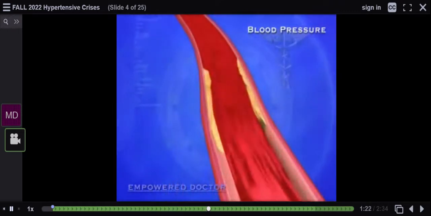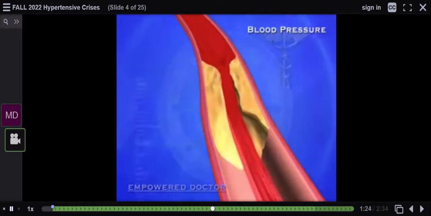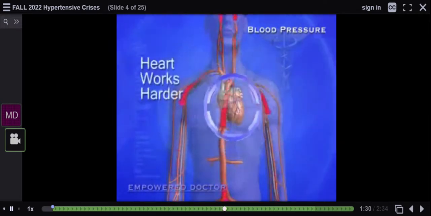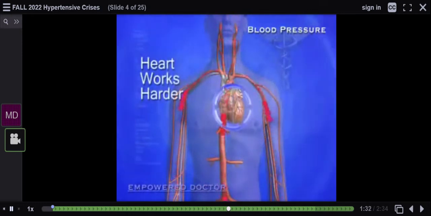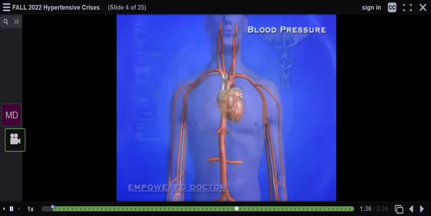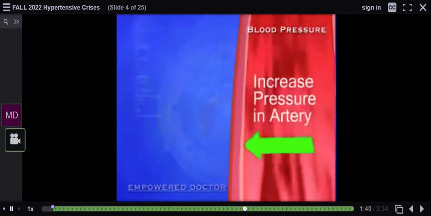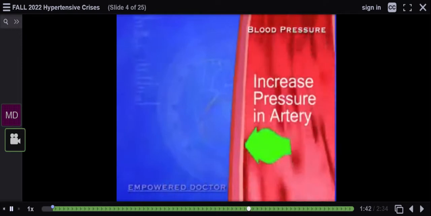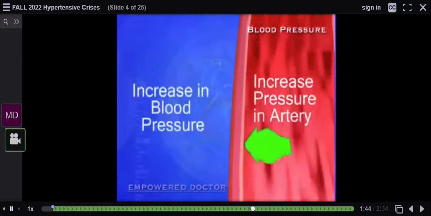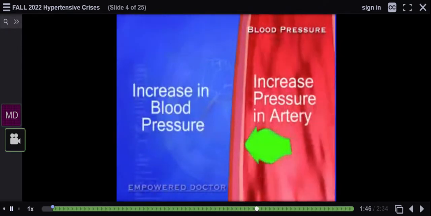However, if these arteries become stiff and narrowed, by plaque or other fatty substances, they become diseased. And the heart has to work harder with every beat to get enough blood through these narrowed, diseased vessels. This increased workload on the heart results in an increase in the pressure on these arterial walls and therefore an increase in the blood pressure.